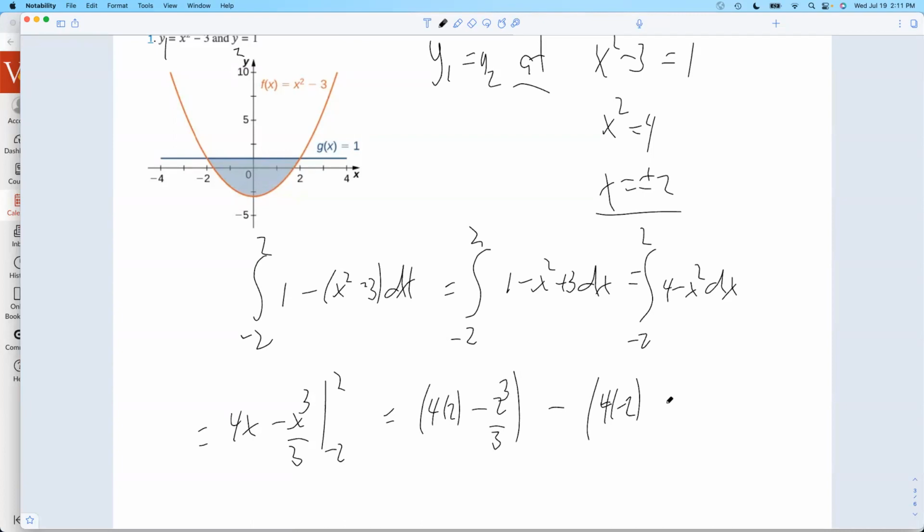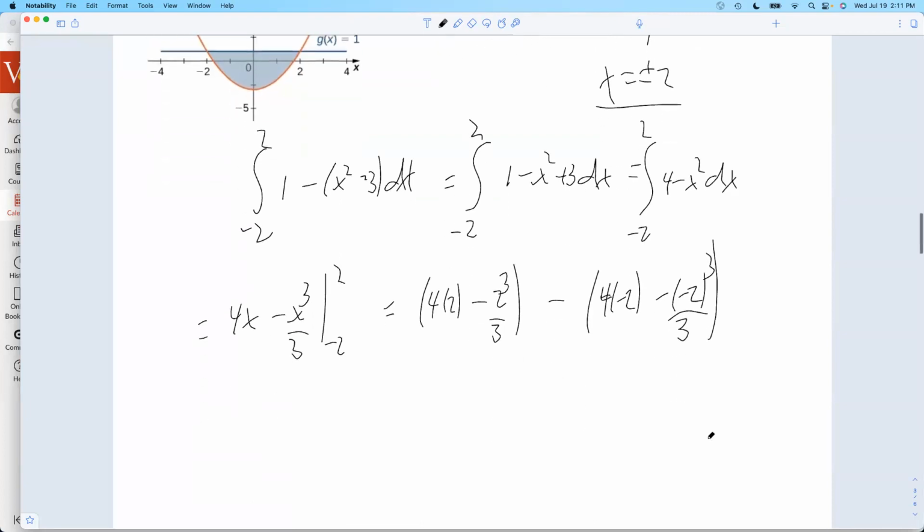And I know I could have done a lot of this in my head, but I want you to see where everything came from. So that's 8 minus 8/3. Minus, and then here I'm going to leave this in parentheses. I get a -8 plus an 8/3.